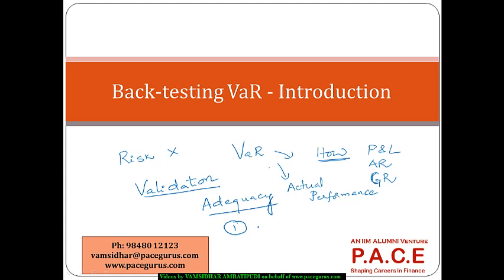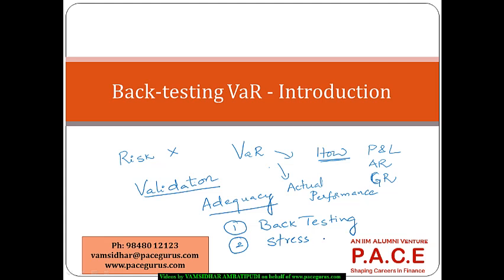Now, there are various mechanisms which help us do the model validation part. One such tool which helps us in testing the adequacy of the model is backtesting.